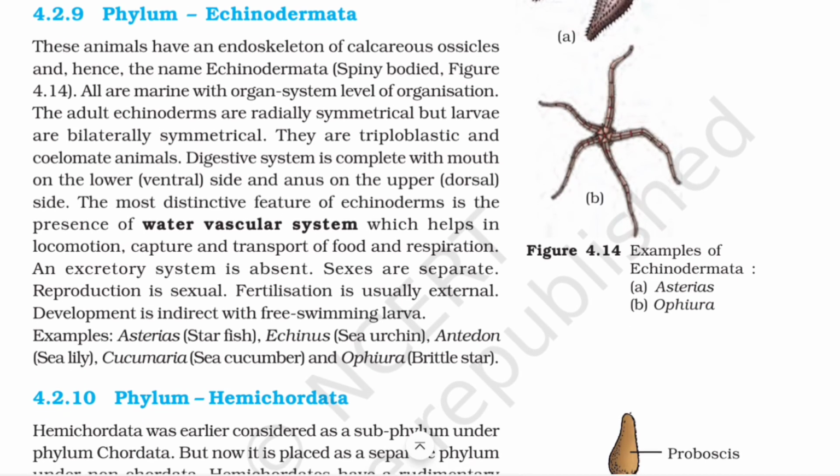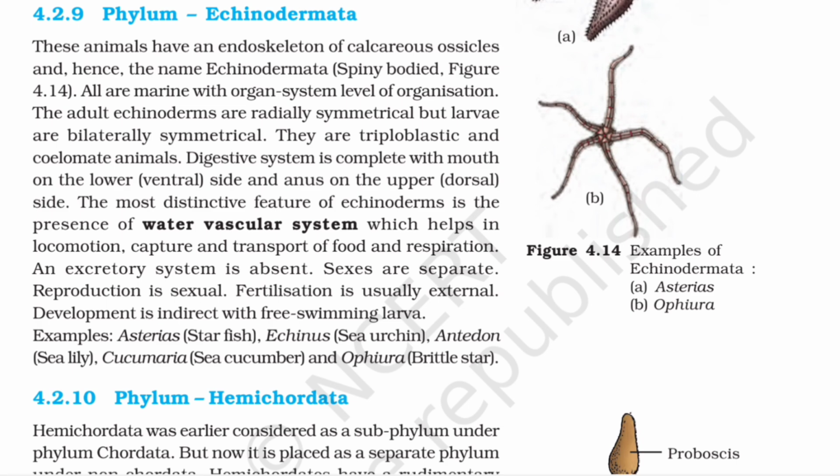4.2.9 Phylum Echinodermata. These animals have an endoskeleton of calcareous ossicles and hence the name Echinodermata, spiny bodied, figure 4.14. All are marine with organ system level of organization. The adult echinoderms are radially symmetrical but larvae are bilaterally symmetrical.